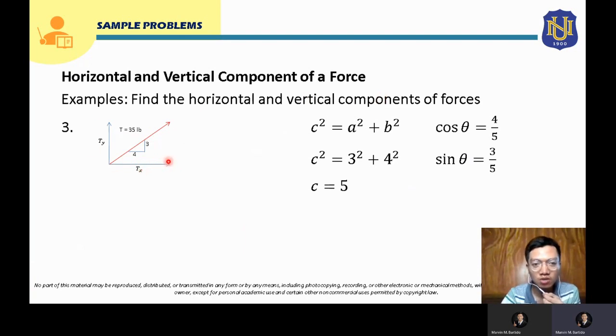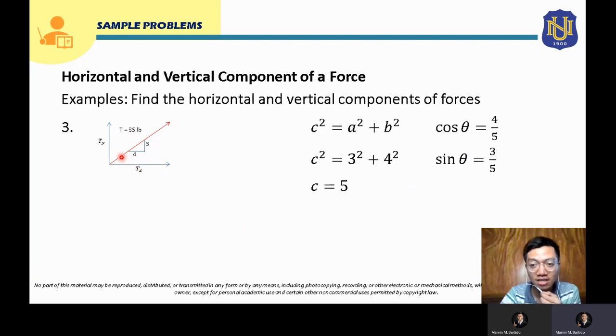To solve for the horizontal and vertical components, we need theta here. So the theta here will just be equal to the theta of this slope triangle. To solve for the horizontal component of T, which is Tx, that will just be equal to T cosine theta.